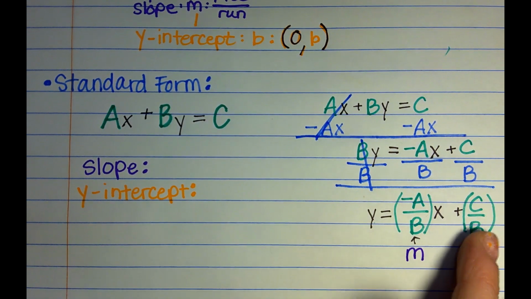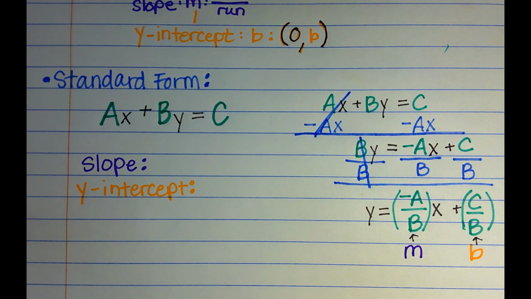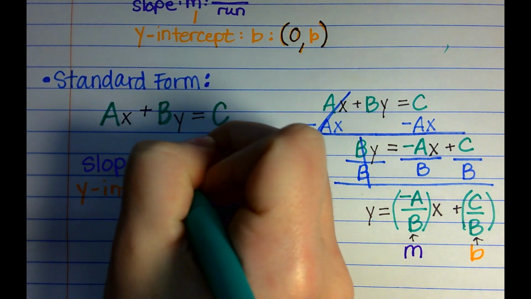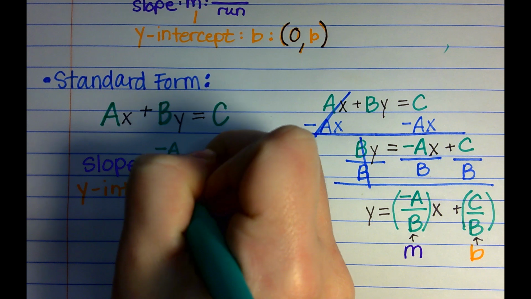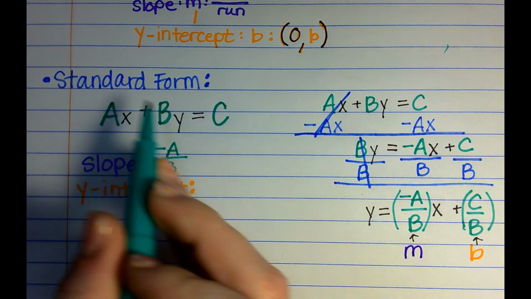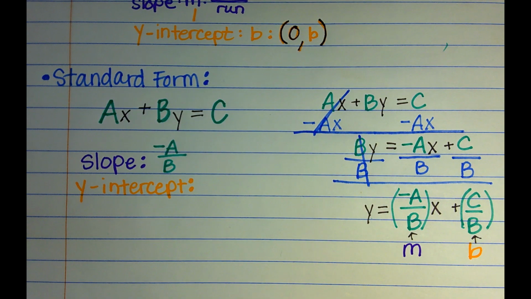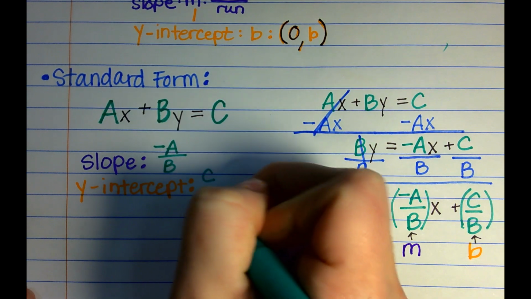Can anybody tell me by looking at this rearranged equation? Negative A over B. Yes, negative A over B. Good. So our slope is negative A over B. It's whatever this number is, but the negative version over whatever this number is. And what would our y-intercept be? C over B. C over B. Good.